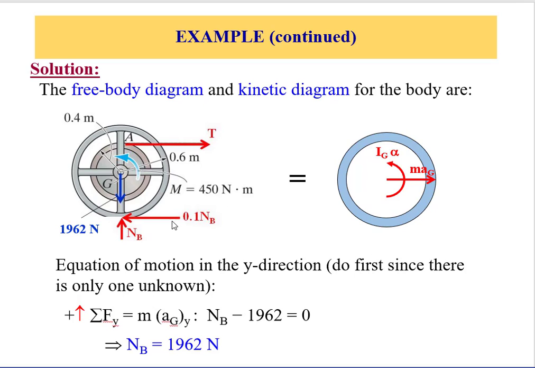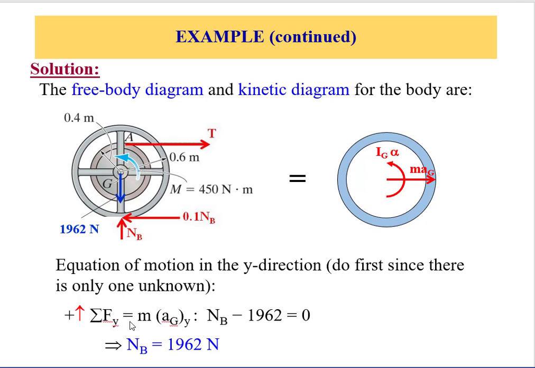And this is all equal to, of course there is an mg, the inertia, where we assume counterclockwise I_G alpha is positive, and we assume that positive m a_G is to the right.